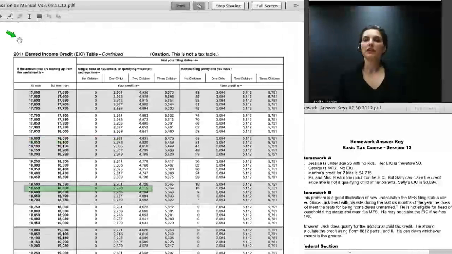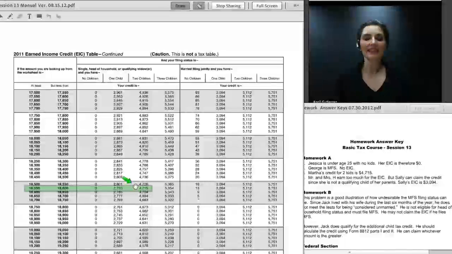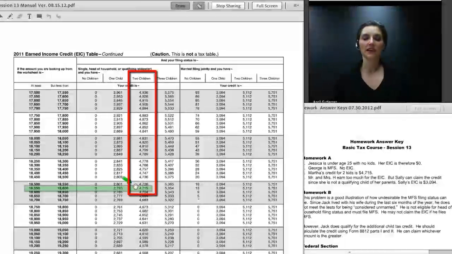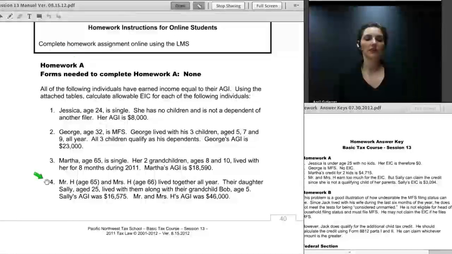So flipping to page 51 of the student manual, we will find that we're looking for a filer whose income is $18,590. That $18,590 is at least $18,550, but it is less than $18,600. So we simply follow this table across and we get the amount of earned income credit when there are two children, and that amount is $4,715.